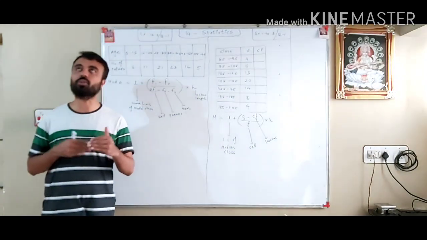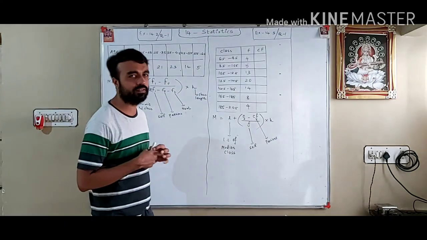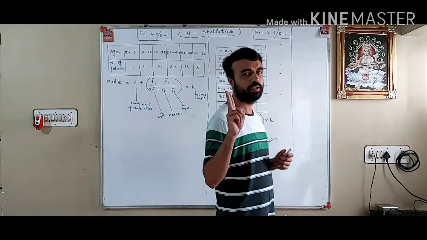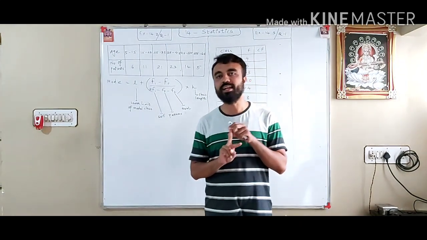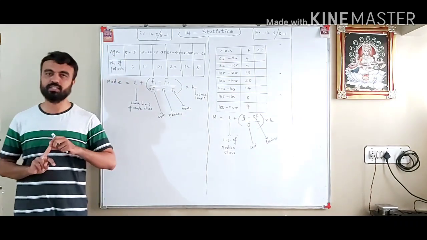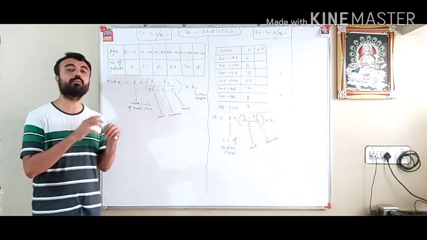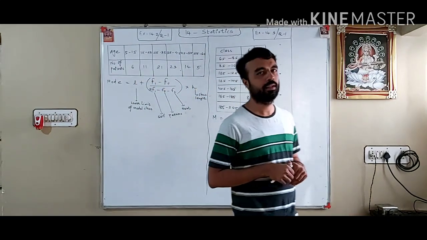If I just recall what was there in the first video lecture, then in the first video lecture we discussed two methods, the direct method and the assumed mean method, for finding out the mean, right? We have done the sums of both the methods and I had assigned you homework also for the same.